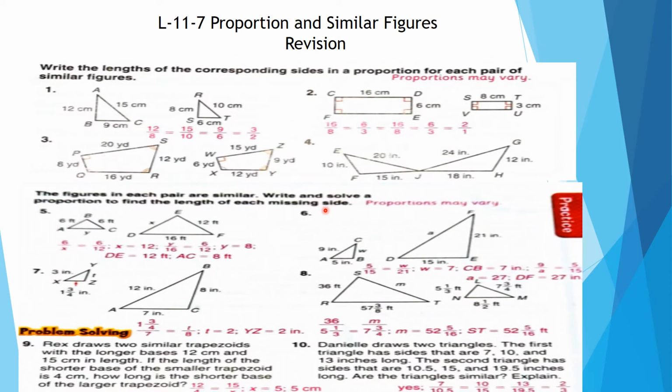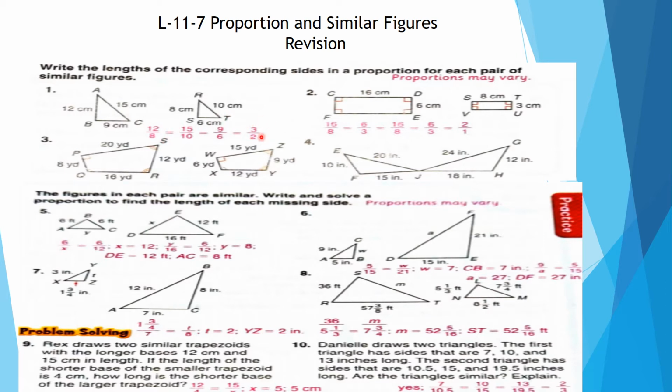Now we start the questions. Just revision before we solve all of questions 1, 2 and 4. Now you can see, I solve these: 12 by 18, 15 by 10 and 9 by 6. All you can simplify.